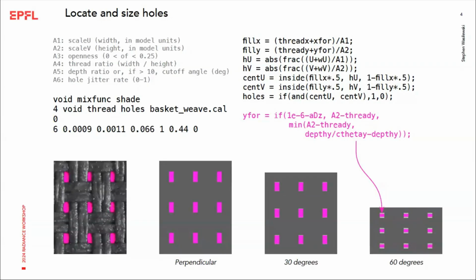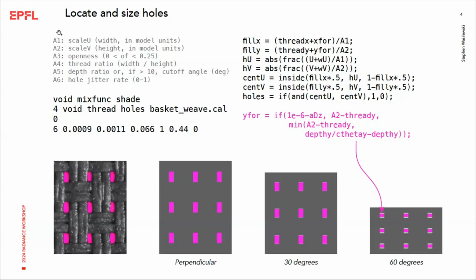Okay, and so then this is where the mixfunc material becomes the perfect material for modeling a mixture of different things going on. So the first thing is locating and sizing the holes. And so now we're mixing between void, air, and then the thread, whatever we make the thread out of.